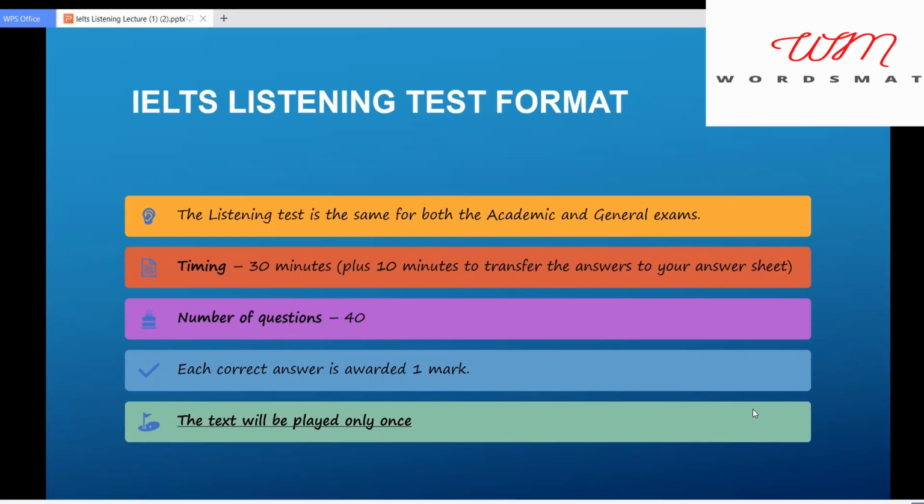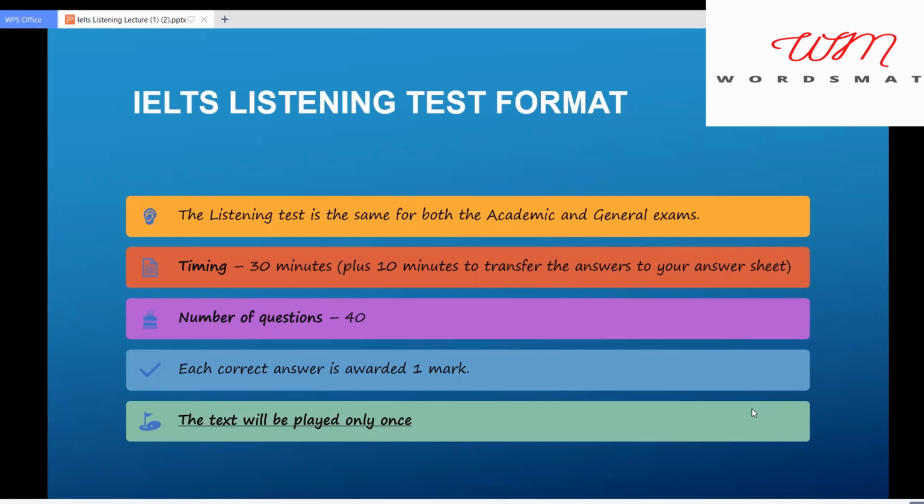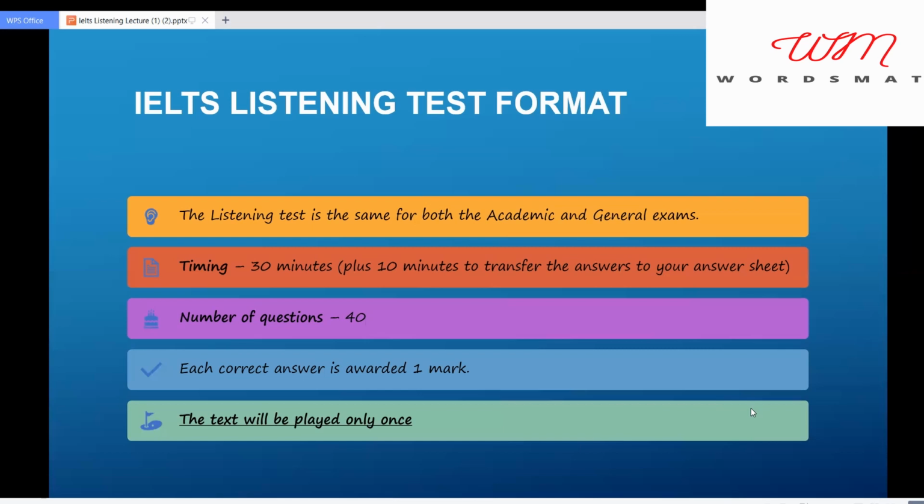So if you are taking your IELTS test paper-based, you will get 10 minutes extra. This is what we call transfer time. But if you are appearing in the computer-based IELTS test, you won't get the extra 10 minutes of transfer time. You will be given just 30 minutes, right? You will listen to the audio and write down your answers at the same time.